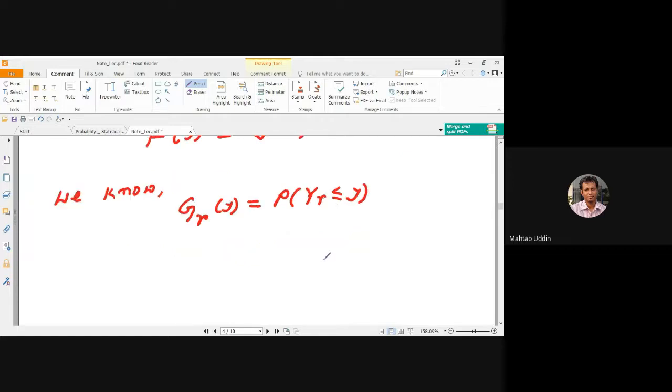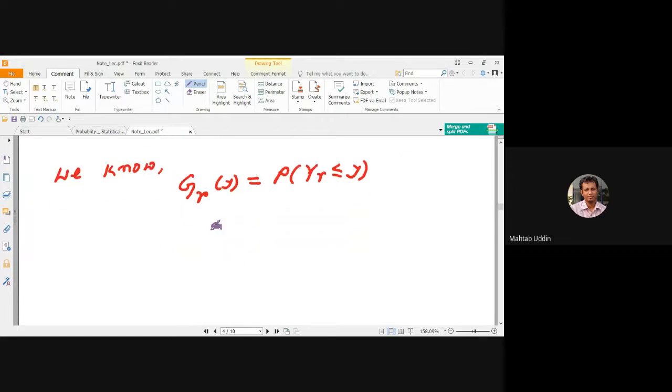It has the formula: sum over k, the index, from r to n, of nCk times F(y) to the power k times 1 minus F(y), whole to the power n minus k.